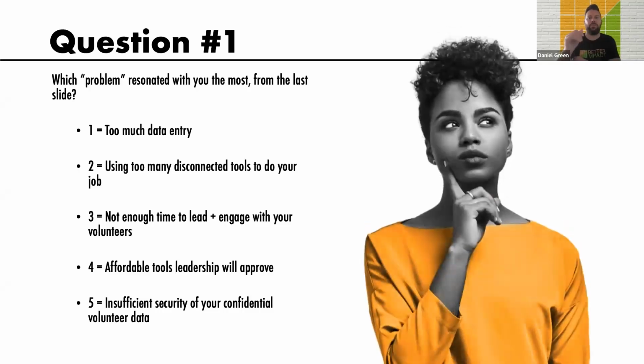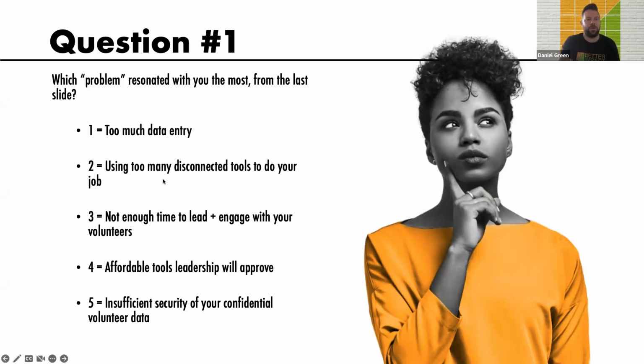So we're just going to go through some questions. We've got 3 questions. If everyone wouldn't mind just popping their answers into the chat box, it'd be great to get feedback on your answers. So we'll begin with question 1. Which problem resonated with you the most from the last slide? Was it number 1, too much data entry?